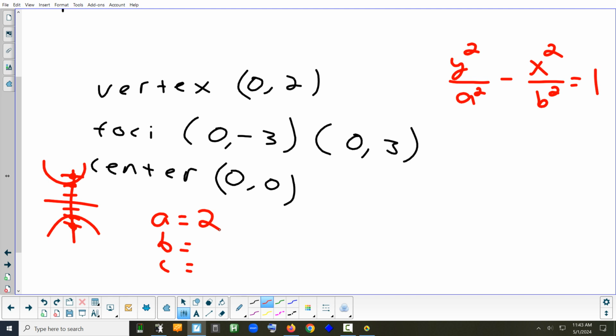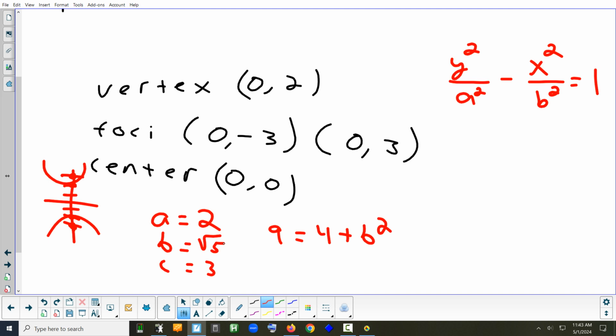Is it 3? Well, do we know B? No, we can't. We don't know B. We have to derive that from other information. What's C? C is 3. So C squared equals A squared plus B squared. Square root of 5.